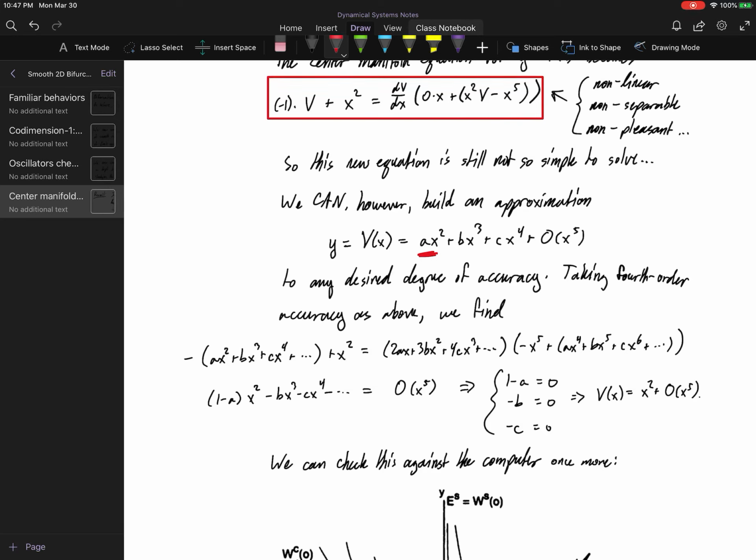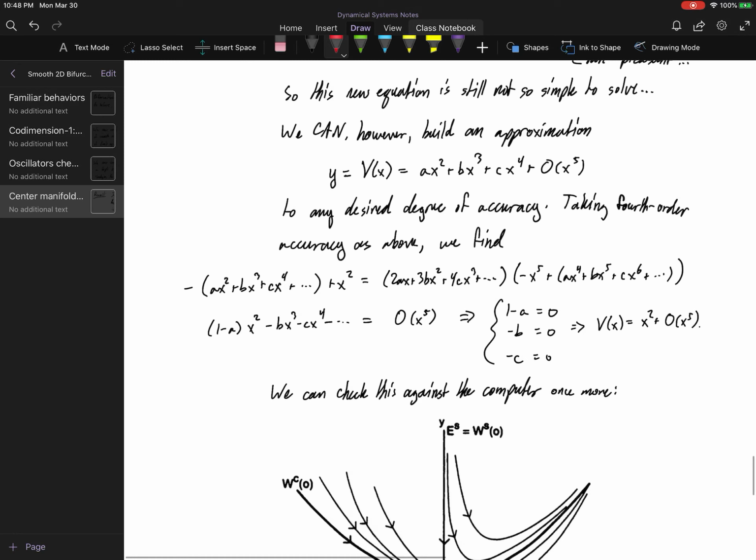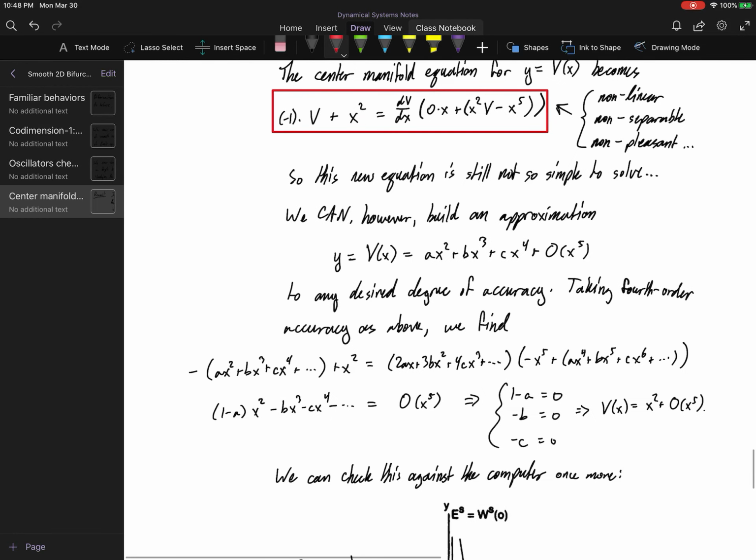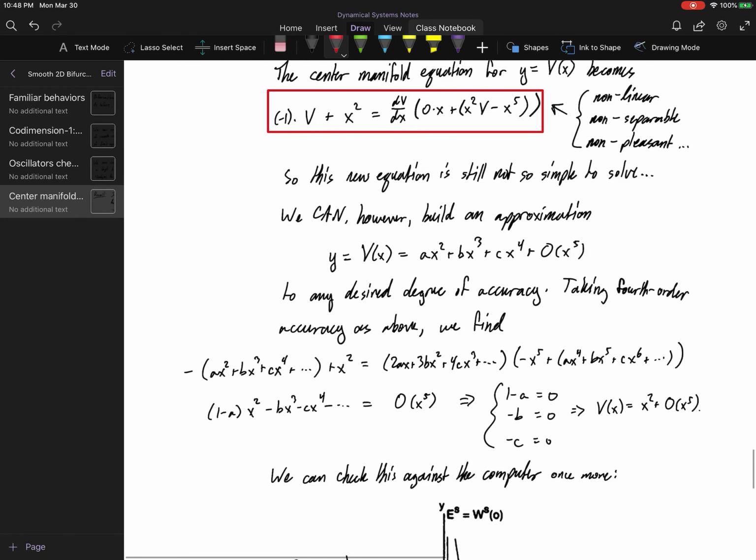So y has to be quadratic to begin with. So if we want any degree of accuracy we'd like to compute, in theory, we can get to it. And in fact, this is a great opportunity for a computer to take over the computation, because what winds up happening here is you have to group by like powers in this case.